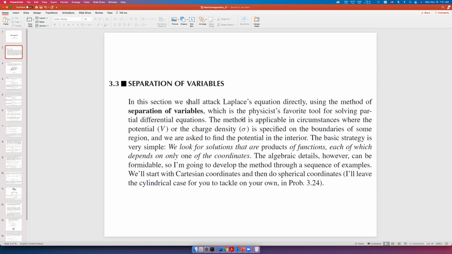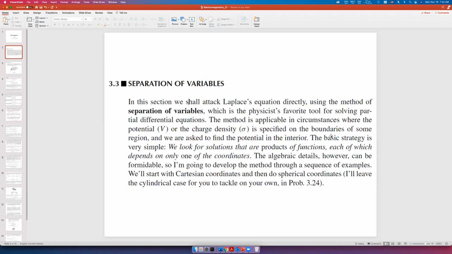The method is applicable in circumstances where the potential or the charge density is specified on the boundaries of some region, and we're asked to find the potential in the interior.